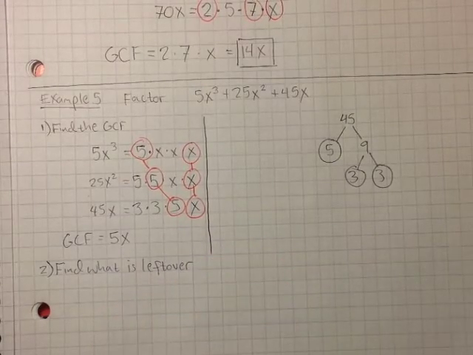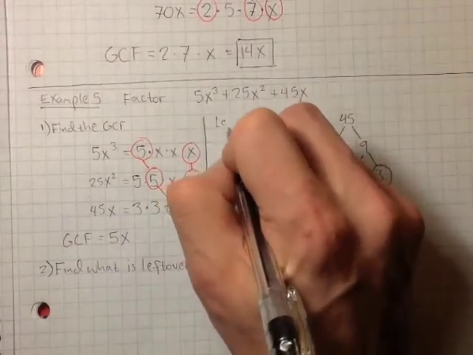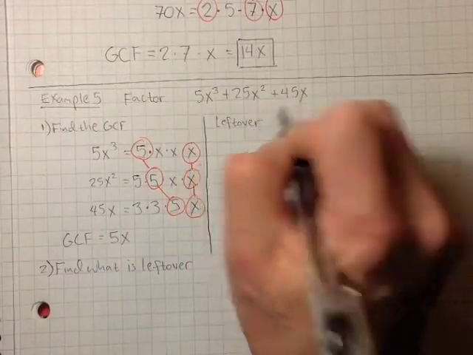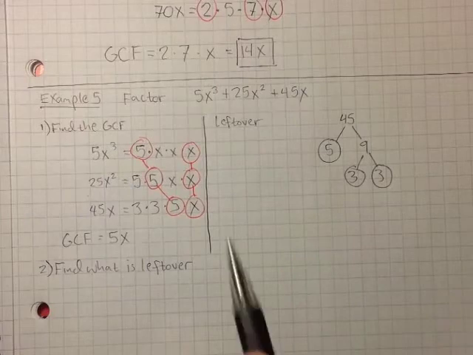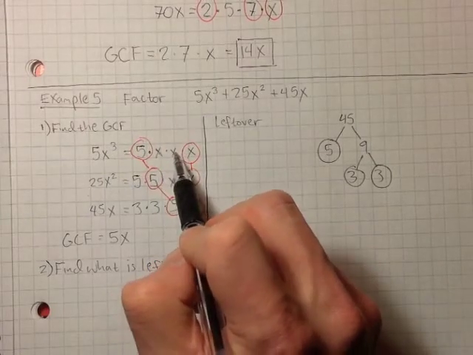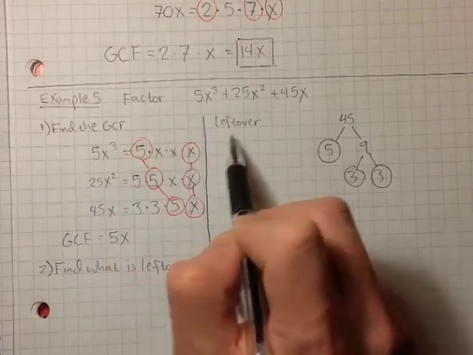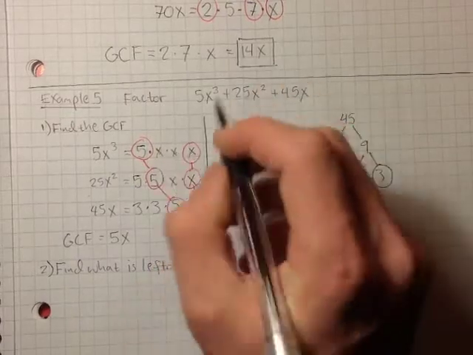Now, what do I mean by that? Well, what did I not circle in each of these factorizations? Well, I didn't circle x times x up here. So the leftover part is x times x, which is x squared.